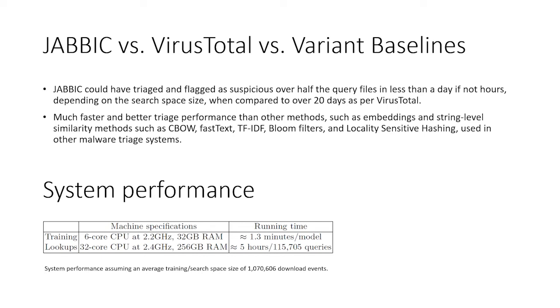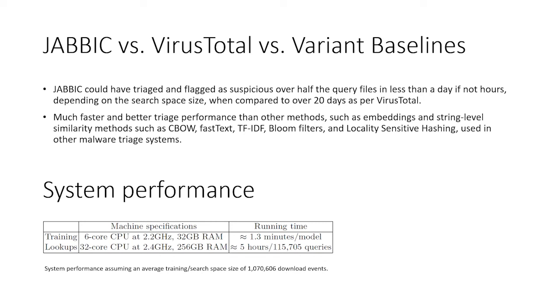The overall performance of Jabbic not only surpassed that of all the baseline methods, but was also much faster than those whose performance was relatively close, particularly set-based matching with locality sensitive hashing and Bloom filters, which took over 10 days to run, when compared to Jabbic, which took around 5 hours, for example.